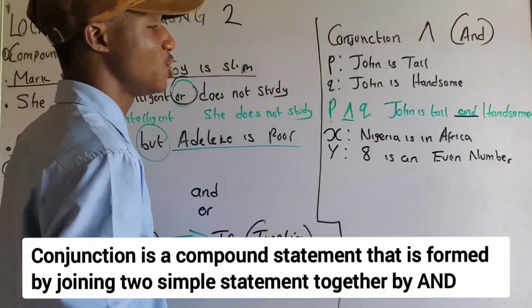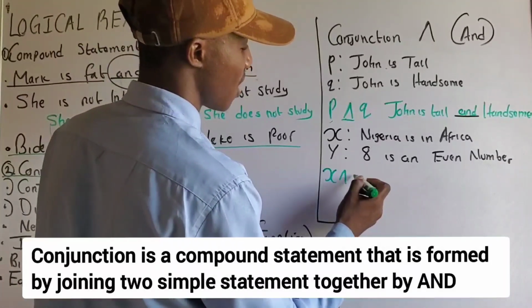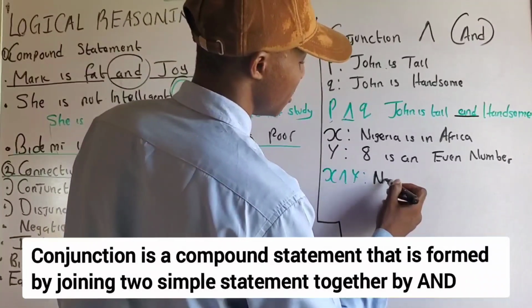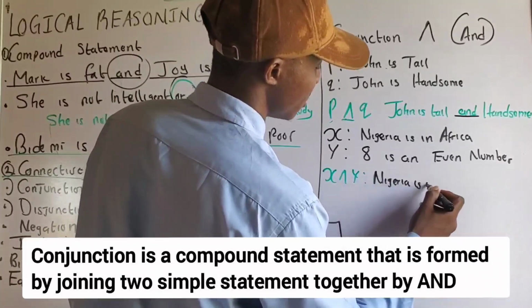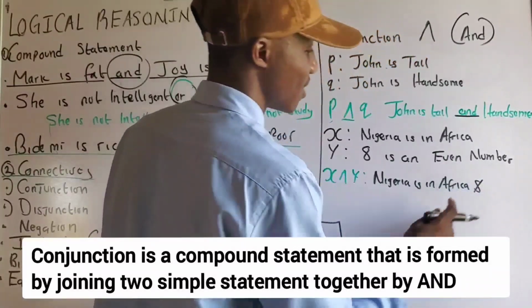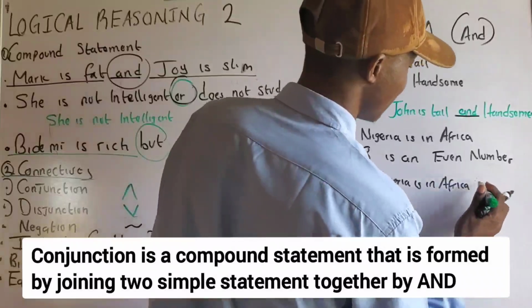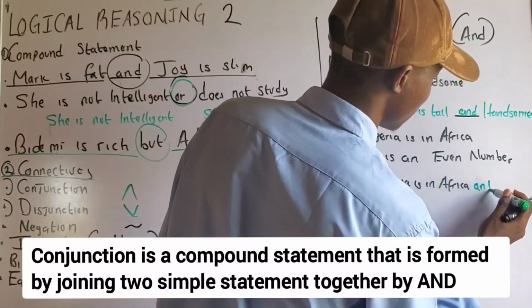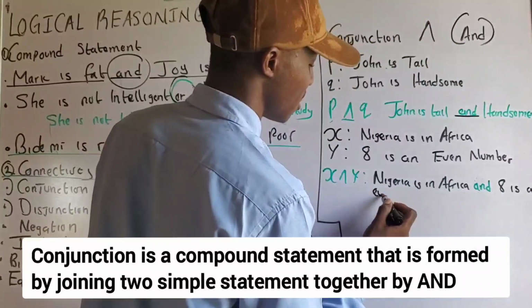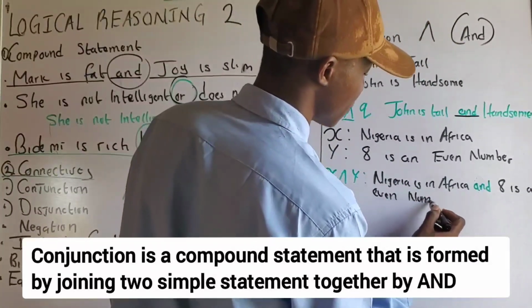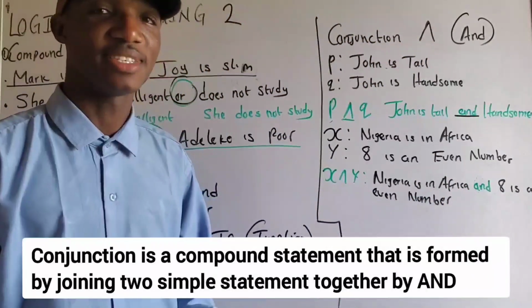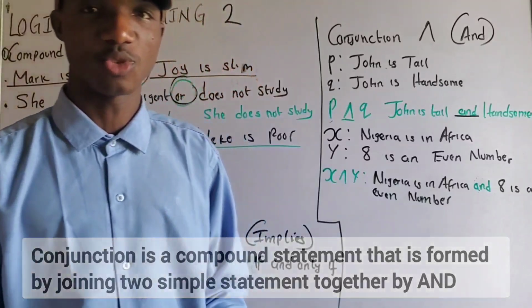If you want to write X conjunction Y, that will be Nigeria is in Africa, which is true, and 8 is an even number. You can see that by joining two statements together using this word and, we're talking about conjunction. Are you getting what I'm trying to say?